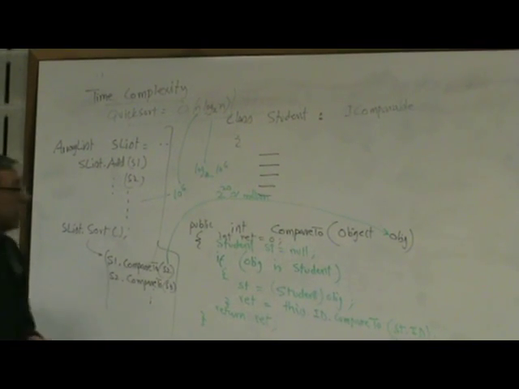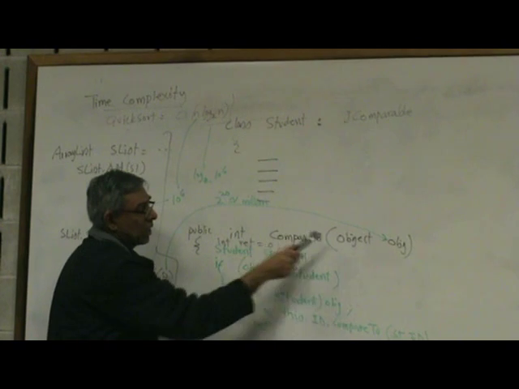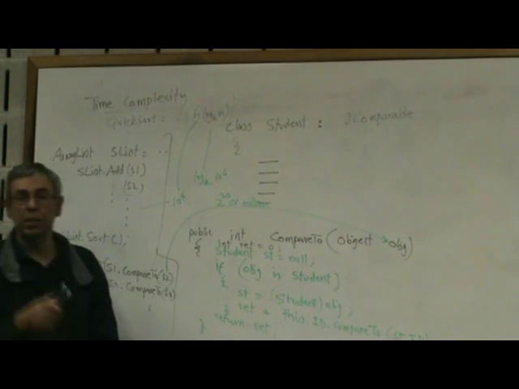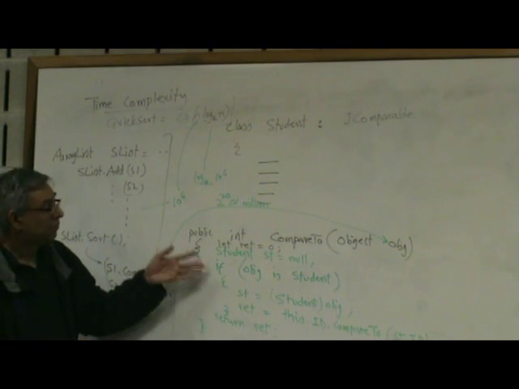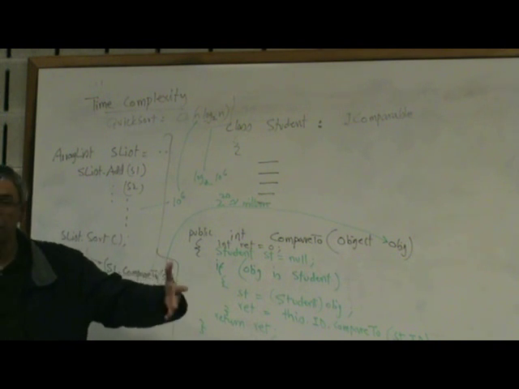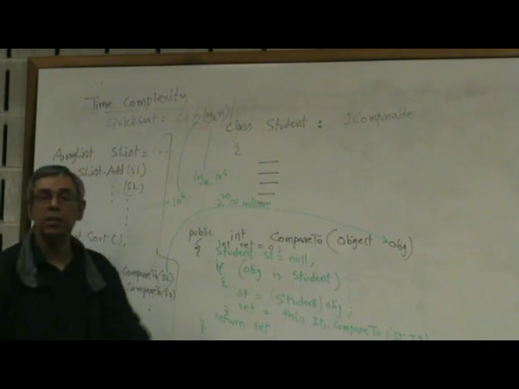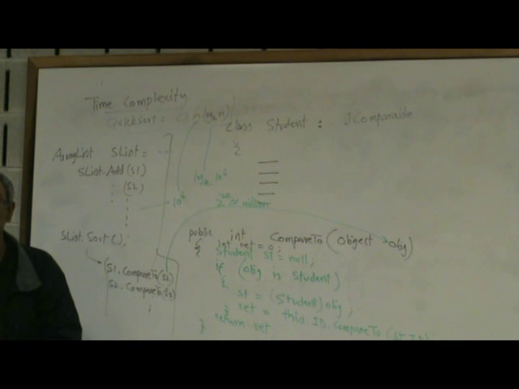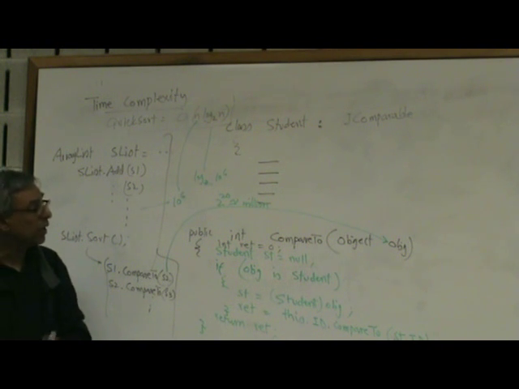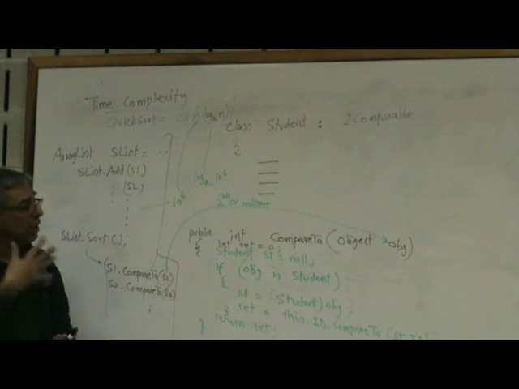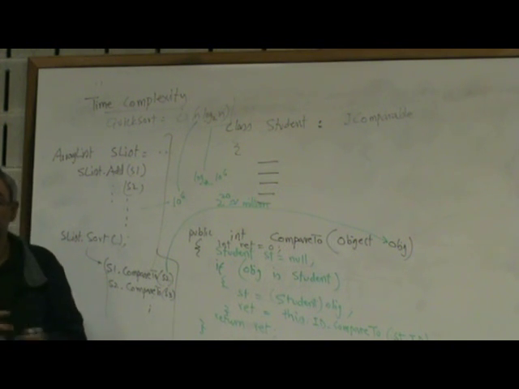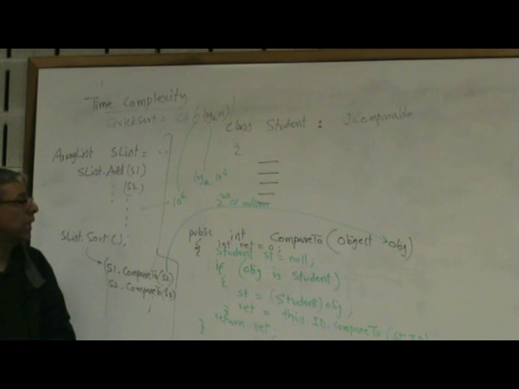So 20 million times you are starting from the obj reference, you are going to the vtable, you are going to the type info, you are verifying it's a student, then you are typecasting it, right? So as you can see, our code will run quite a bit slow because we are repeating these things 20 million times, right?